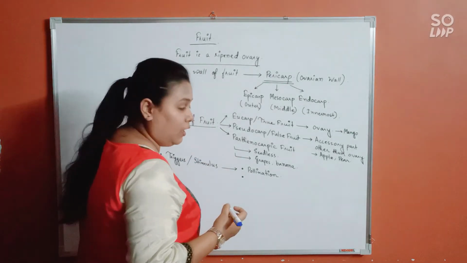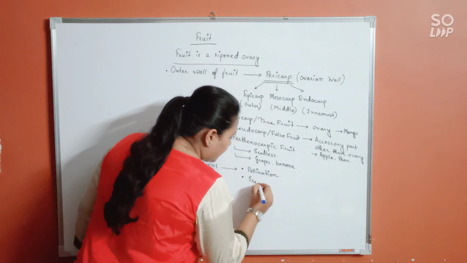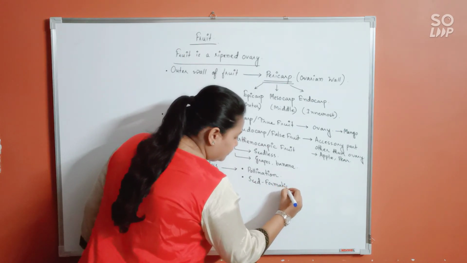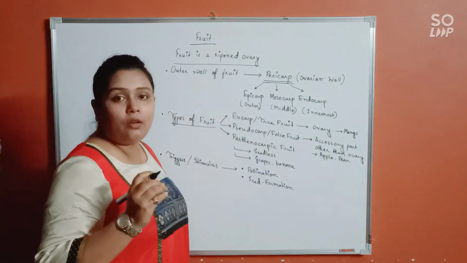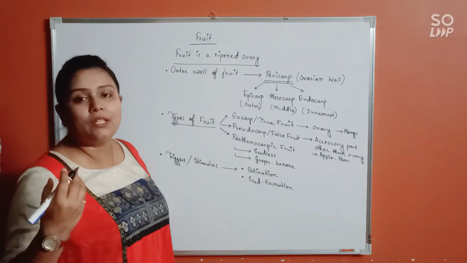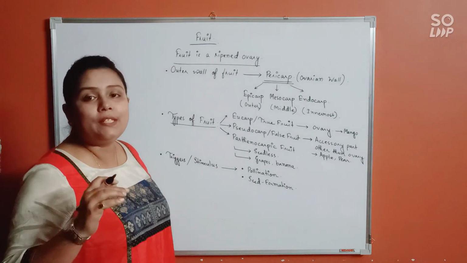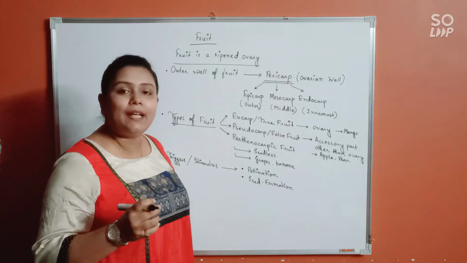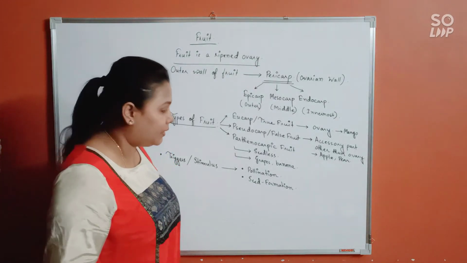The second trigger will come during seed formation. So after fertilization, after successful production of the embryo, as the embryo starts developing, the ovule will start developing into a seed, and the seed formation will act as a trigger for fruit development.